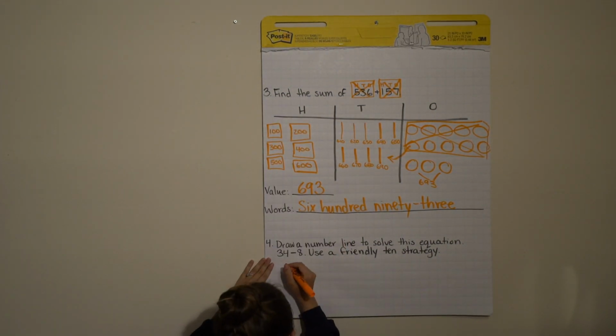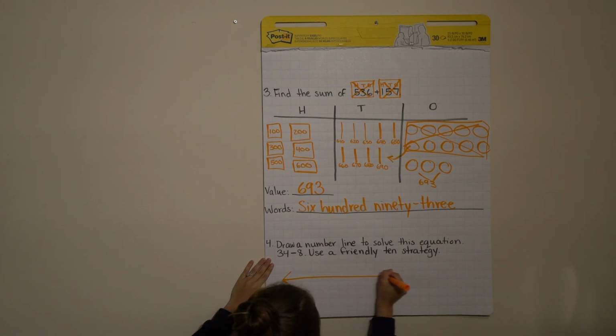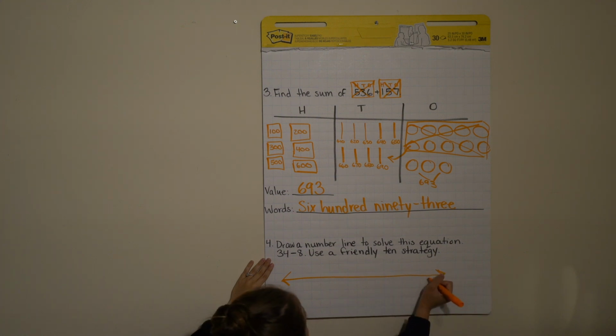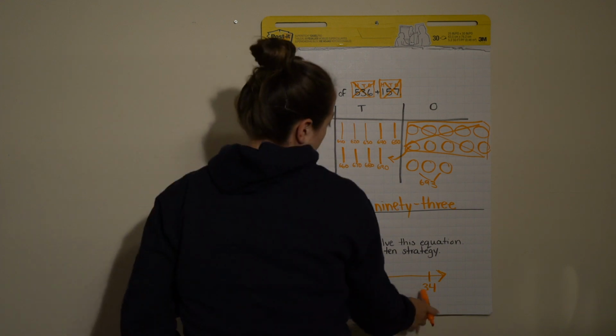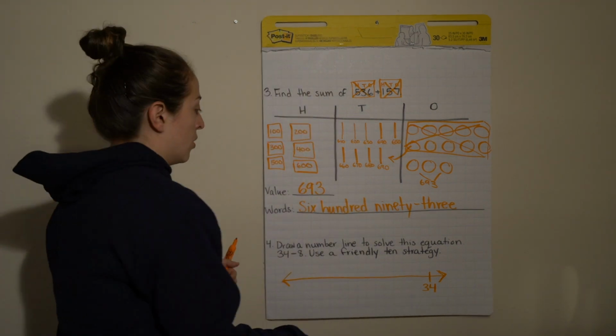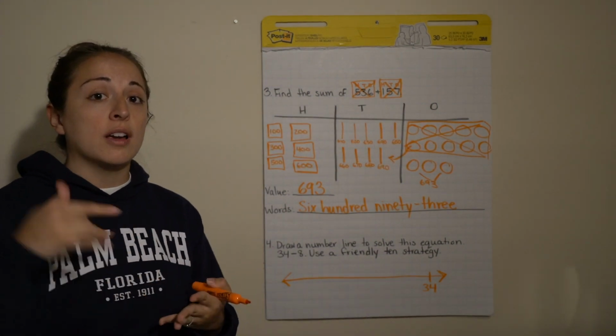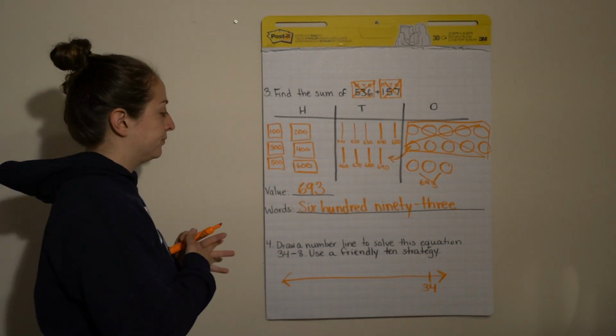So we haven't really done subtraction yet for this, so you're going to draw your number line, and because we're subtracting, we're going to start on the right side. So we're going to start with 34. And I want you to think about, if we're counting down, what's the closest friendly 10 to 34 if you're counting down?